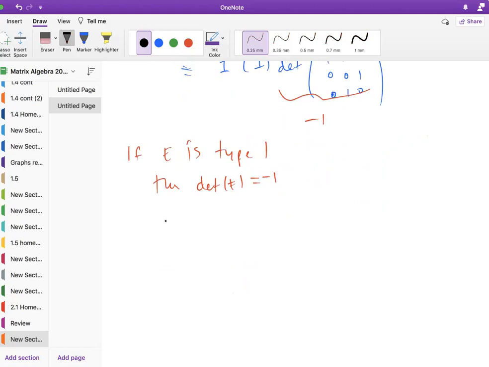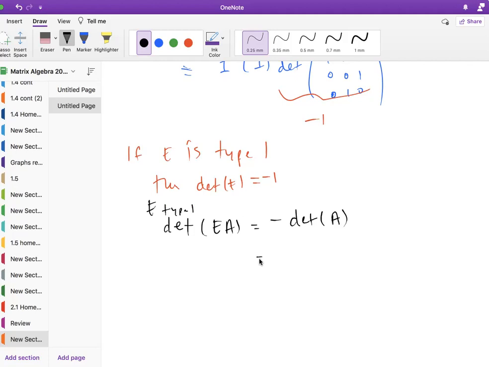So what does that mean? We saw that the determinant of EA, when E is type 1, is equal to negative determinant of A, right? That's what we said last time.